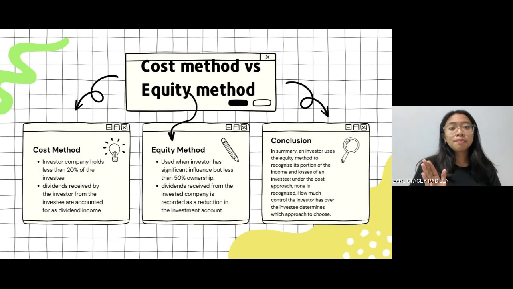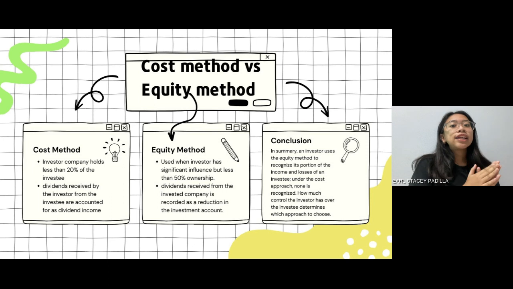For a better grip, here is an example. Investor A has a 19.5% ownership interest in the voting common stock of investee B. Investor A holds one of 5 seats on investee B's board of directors. So, what can we say in this situation?